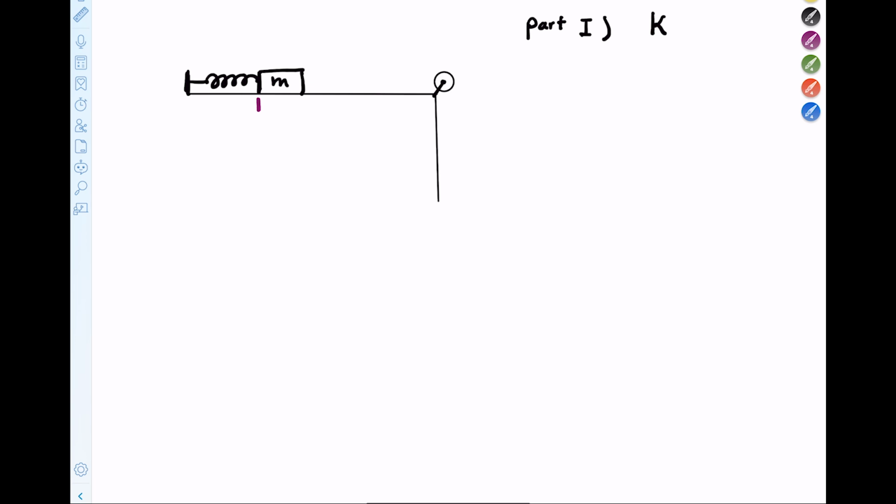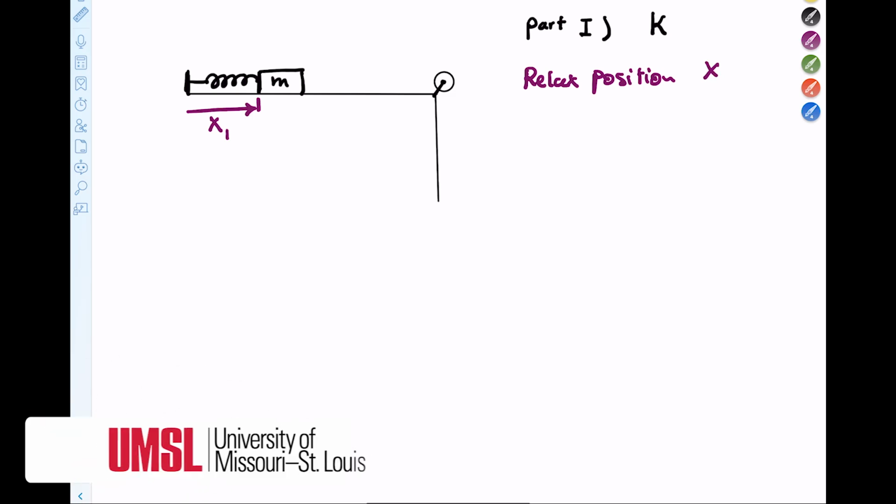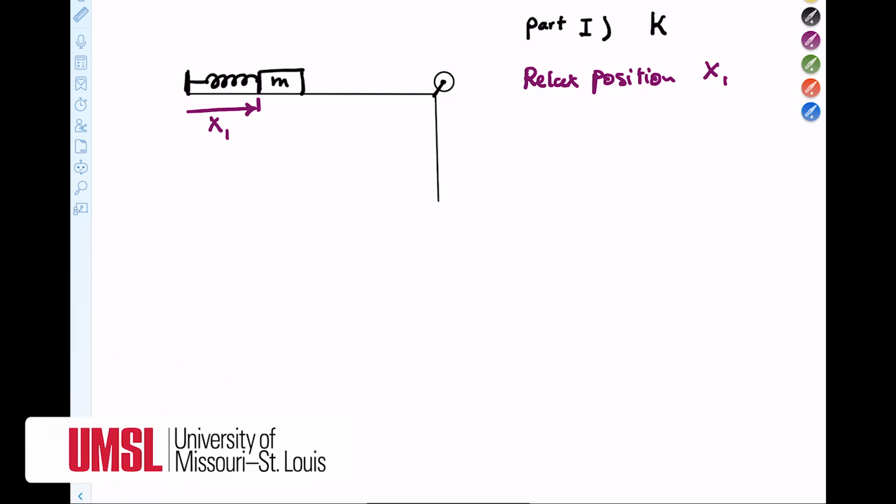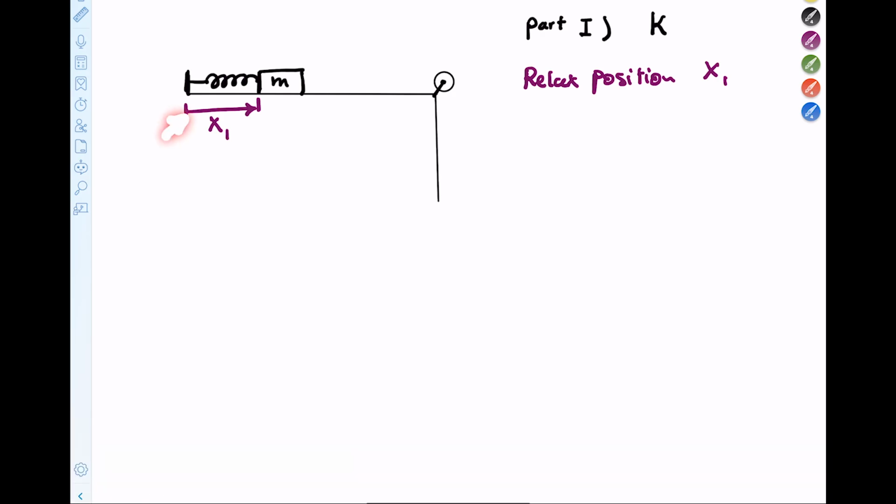I mark this as the relaxed position and call it X1. The spring system is not stretched or compressed at X1.